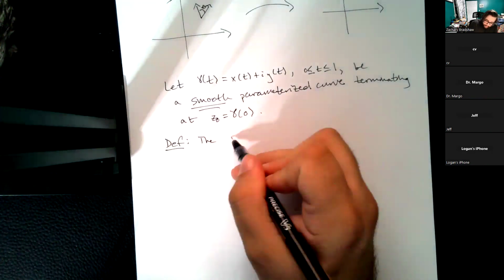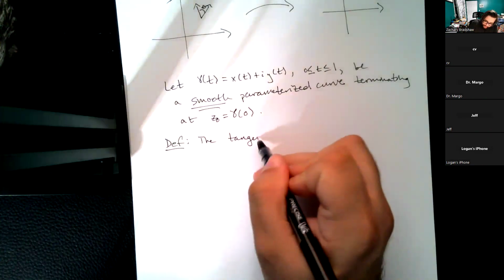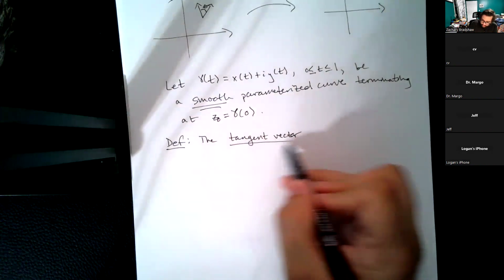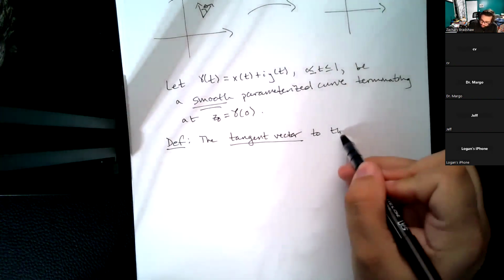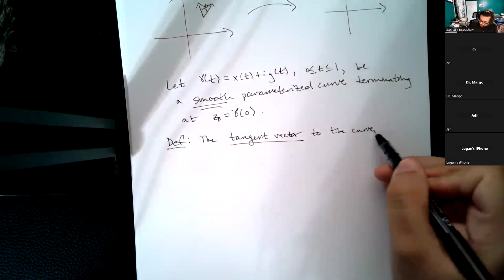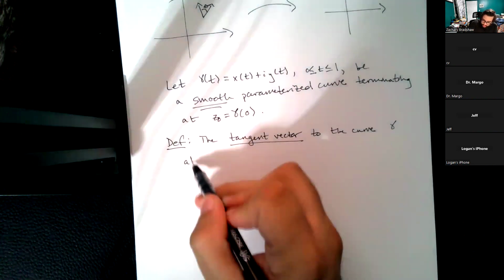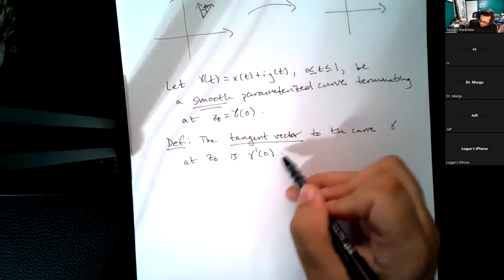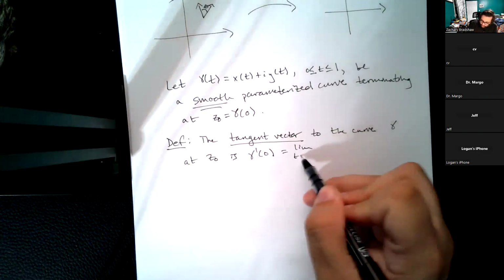Okay, so the tangent vector to the curve gamma at z0 is gamma prime of 0 equals, well, it's just the derivative.